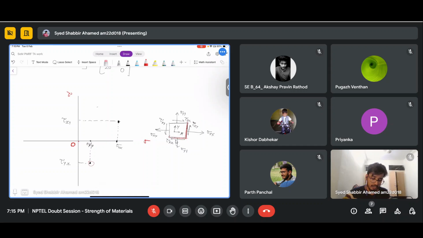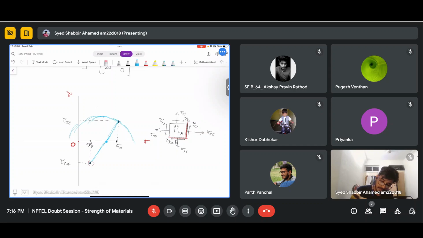Now, in order to draw the circle, I have to join these 2 points by a straight line, and using this as center and this as radius, from this point to this point, take a protractor, and we have to draw this circle.